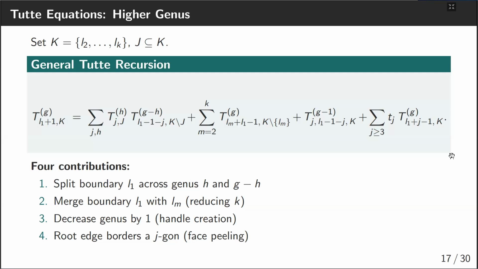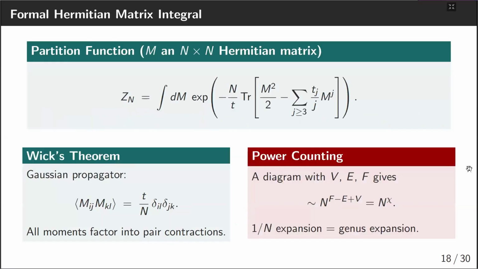The fourth is the root edge borders a J-gon, and we peel the face. So these are four exhaustive cases that create this TAT recursion. And we have a partition function, where M is an n by n Hermitian matrix.